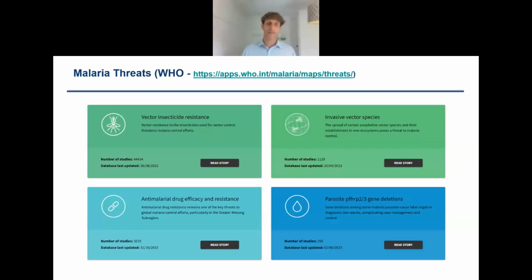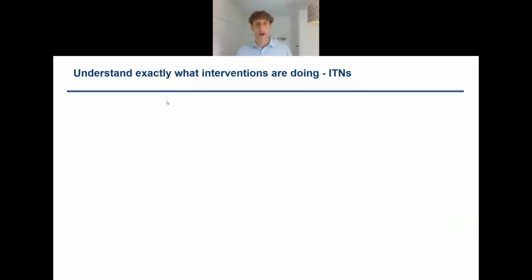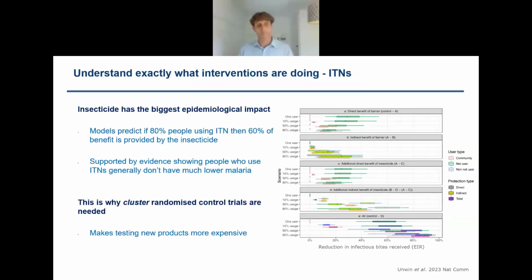So when people started reporting insecticide resistance, there was this kind of debate as to, is this a problem? Clearly, it's not a good thing, but if people are sleeping under bed nets, and our models predict that if you have 80% of people using a bed net, then 60% of the benefit of that net is actually from the insecticide.